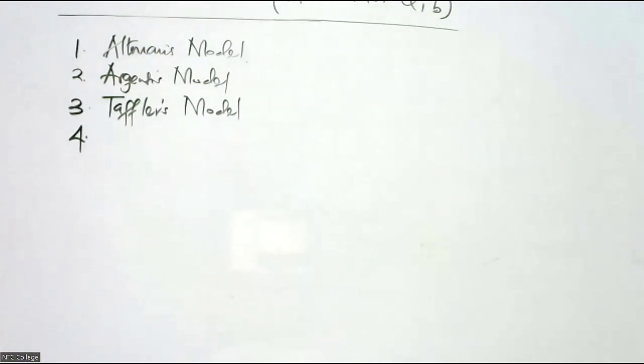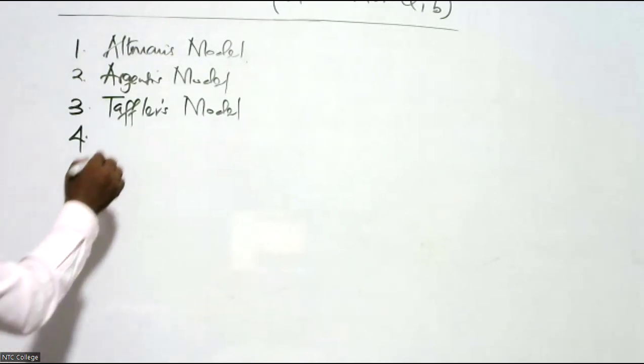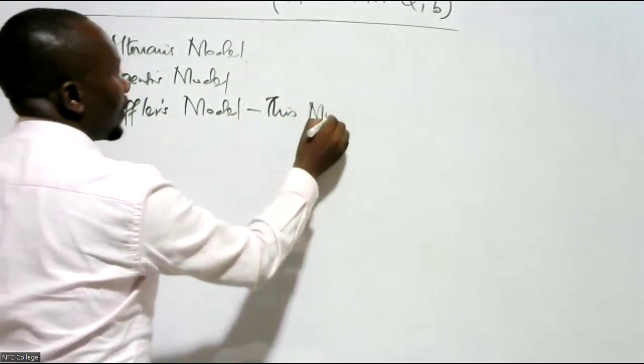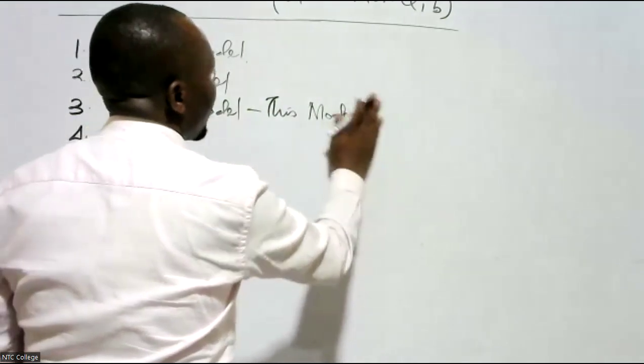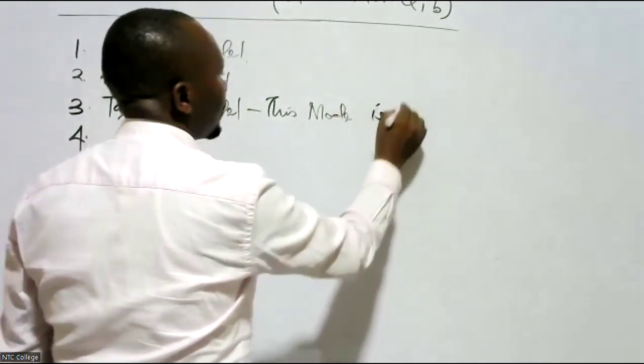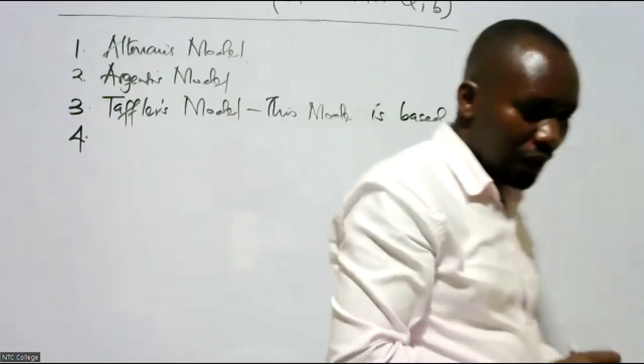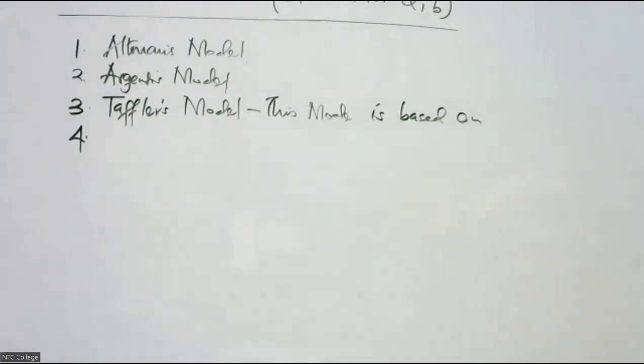So the next one is called Taffler's model. Say that this model is based on the following series of ratios.